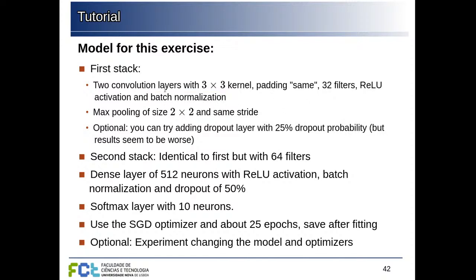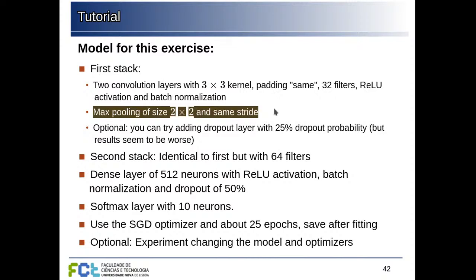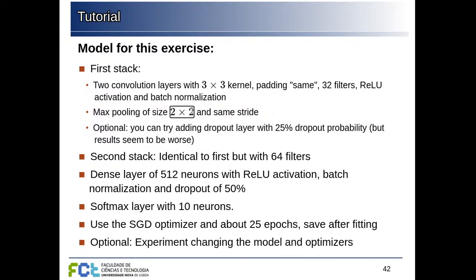And then after these 2 convolutional layers, you add a max pooling with 2 by 2 on the window and the stride. So you're going to reduce from 28 by 28 to 14 by 14 by doing max pooling.